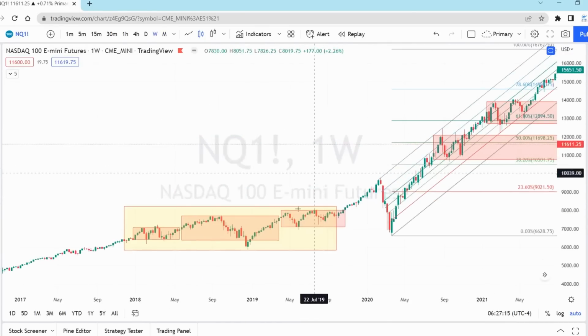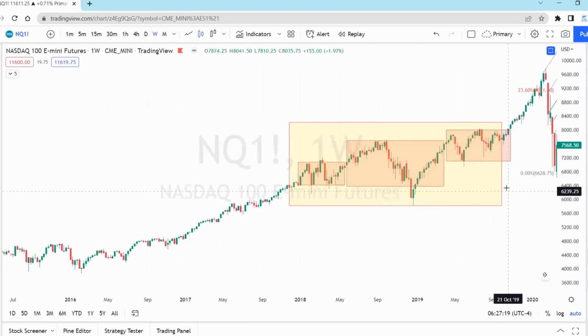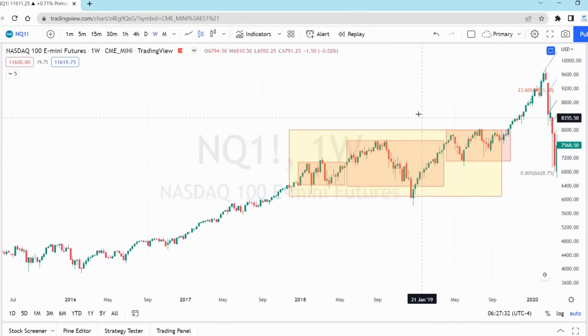That's healthy growth. So I wouldn't be surprised if we had 2 years of largely flat to get back to the top. That wouldn't be surprising at all. And then that would be more sustainable. This is one big giant consolidation.